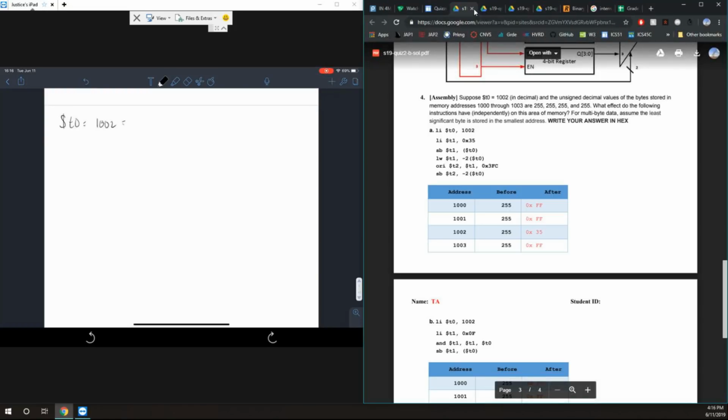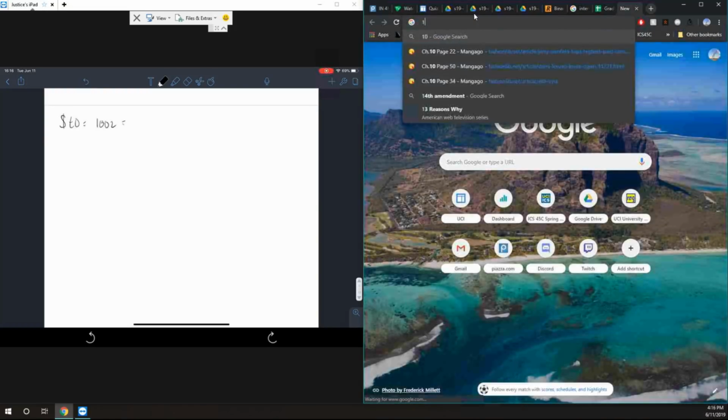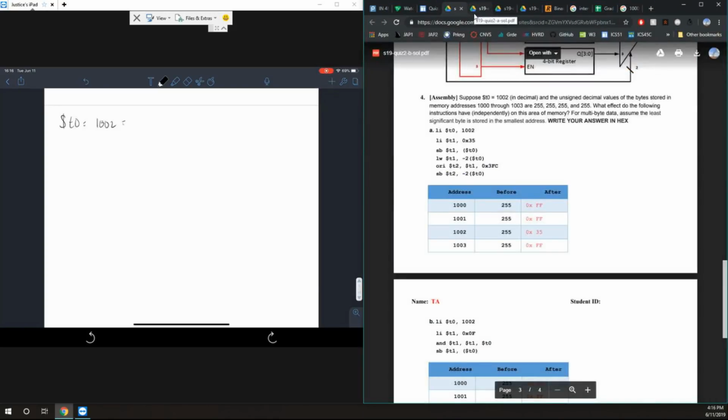That's what it was. So then this is 3EA because that's 10. And that's what T0 is.